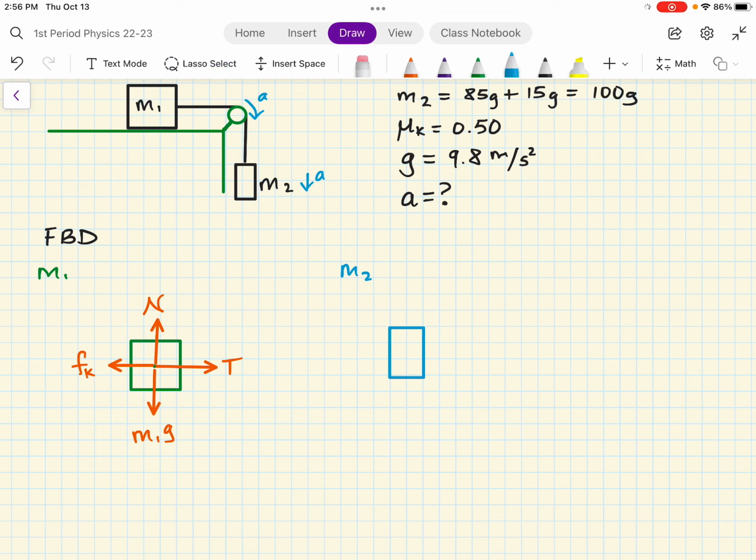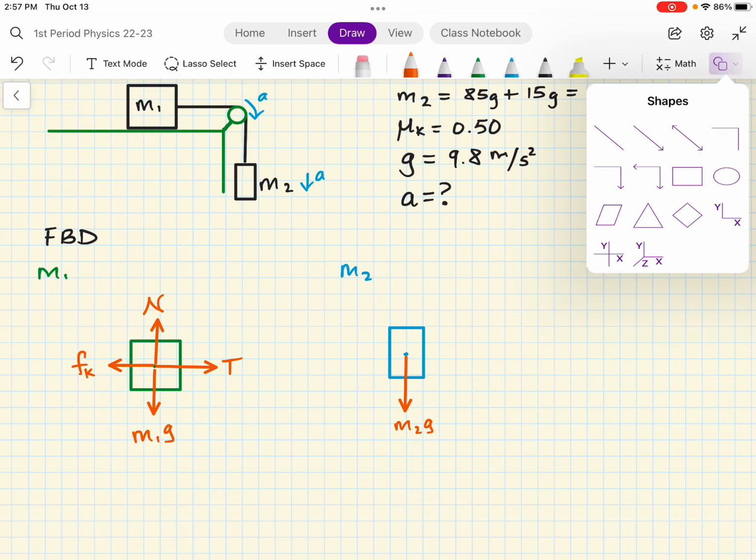Draw the center of mass. Seems about right. We have the weight of mass 2. There you go. M2G. And we have tension because it's being held by a string. We have tension over here.